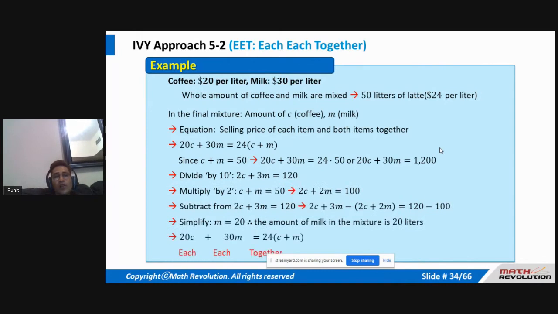The major part was 20C + 30M = 24 times (C + M). And C plus M is already 50 liters. So definitely we can solve this question for M. That will not be a big deal.